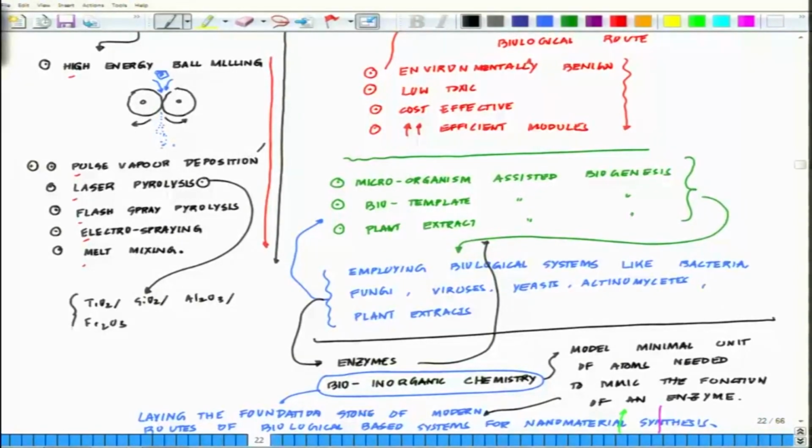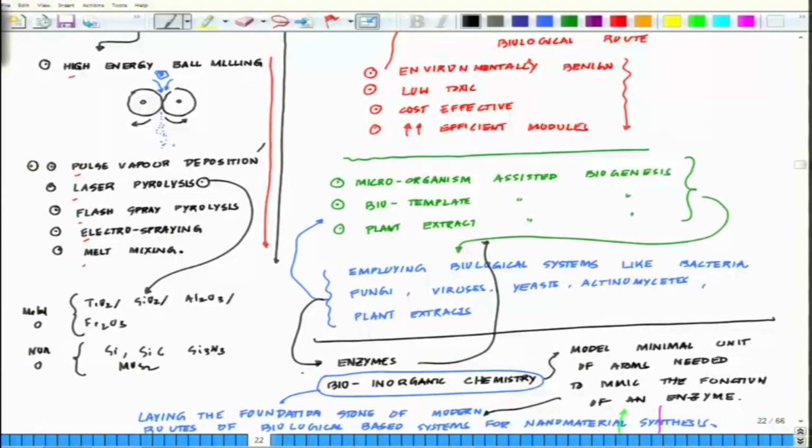These are all the metal oxides, and among the non-oxides you have silicon, silicon carbide, silicon nitride, molybdenum sulfide. There are a series of things which you could produce using laser pyrolysis.